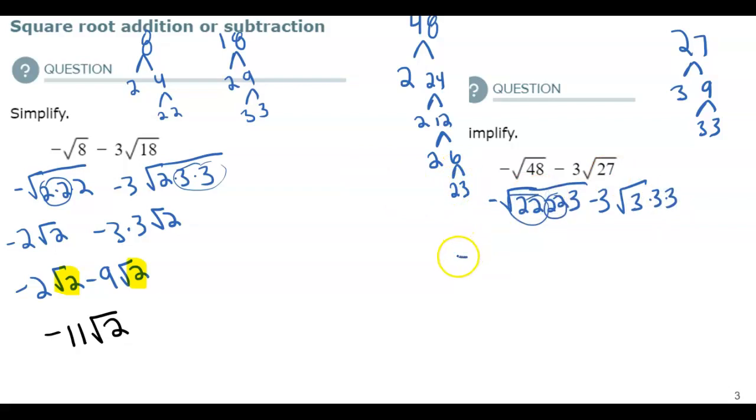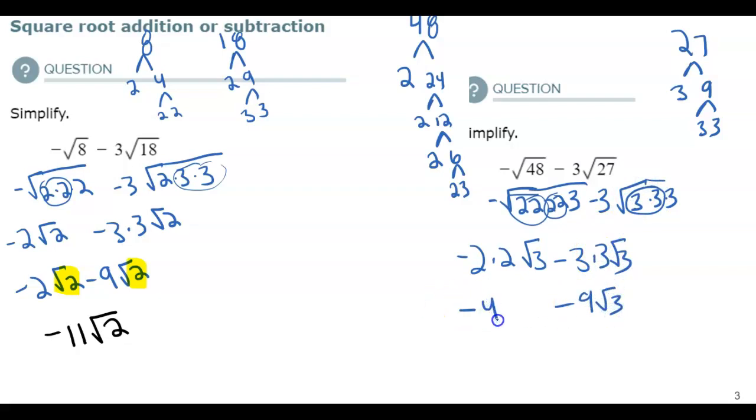If you have another way to simplify that's easier for you, use it. Negative 9 square root 3. These are the same radical, so I can do negative 4 minus 9 is negative 13 square root 3.